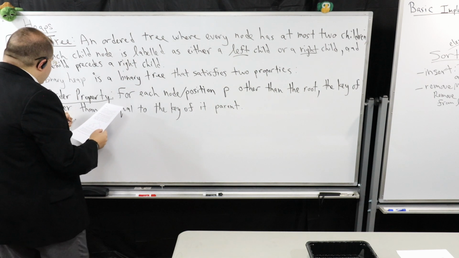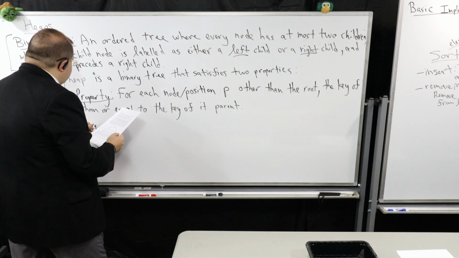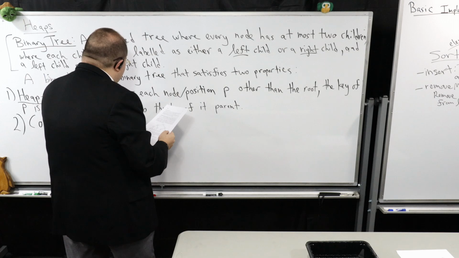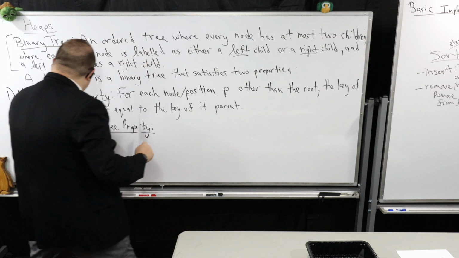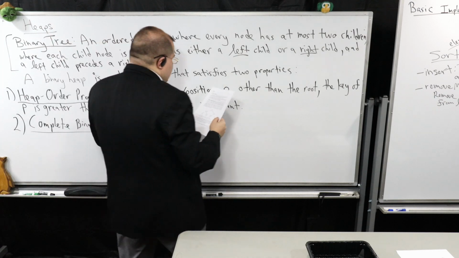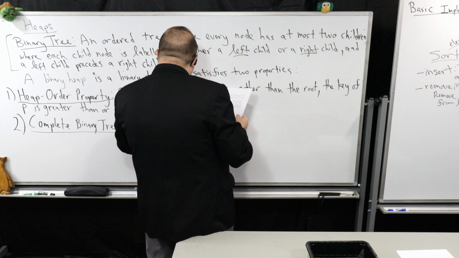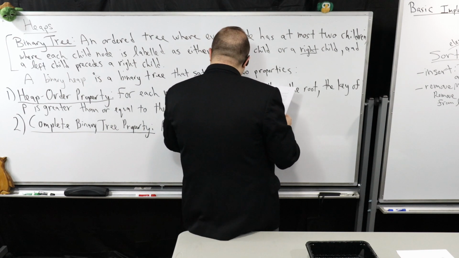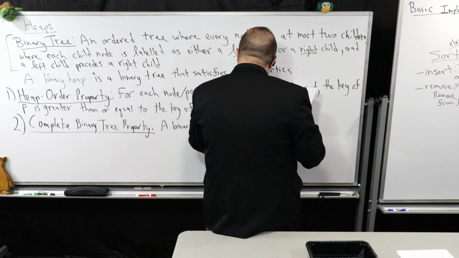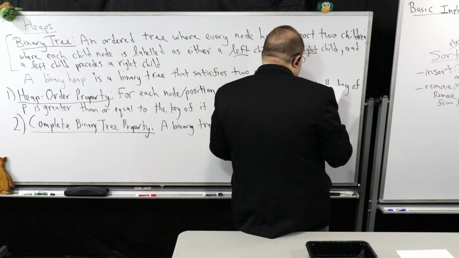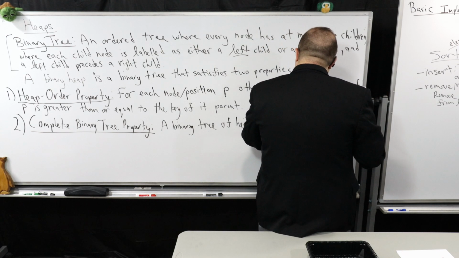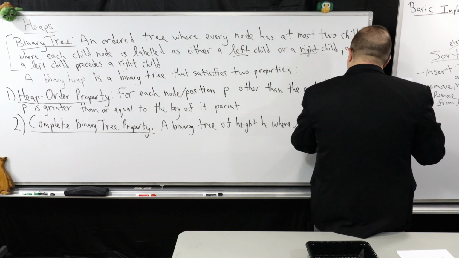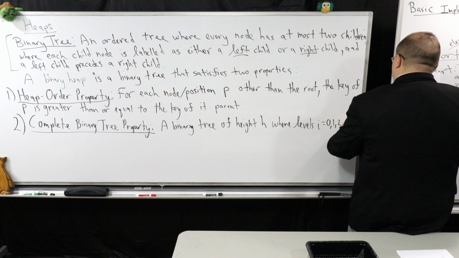The other one is called the complete binary tree property. It works like this: a binary tree of height h, where levels i equal to 0, 1, 2, all the way up to h minus 1, have 2 to the power of i nodes.